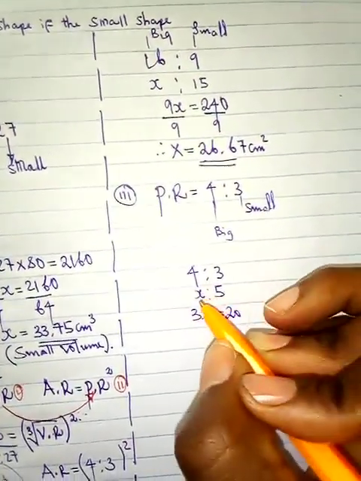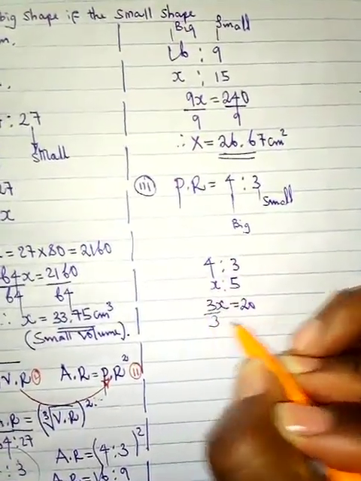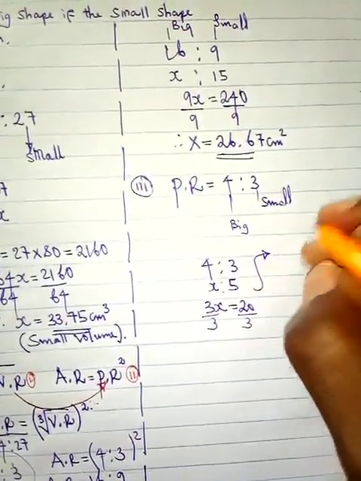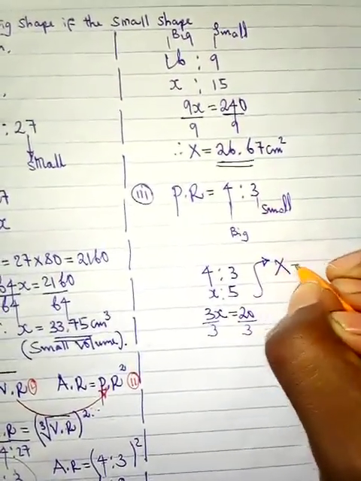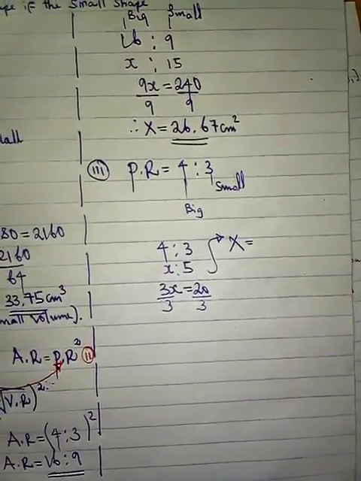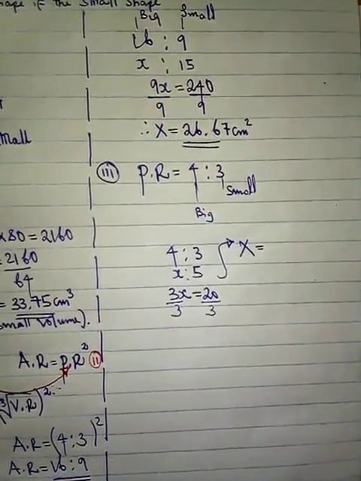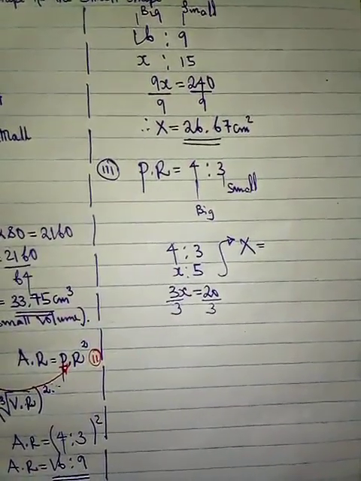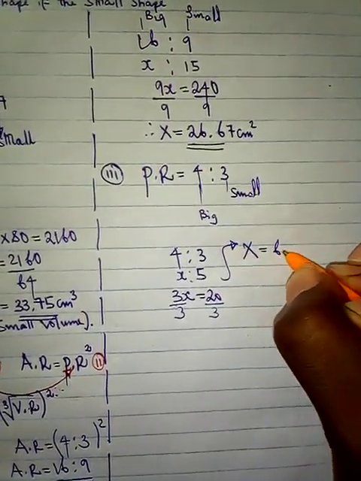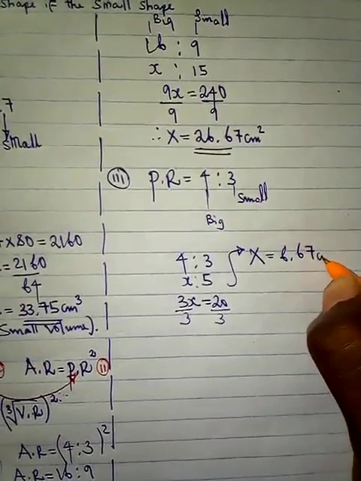So what you're going to do is divide both sides by 3, and if you divide both sides by 3, that is 20 divided by 3, this is going to come out as 6.67. 6.67 centimeters.